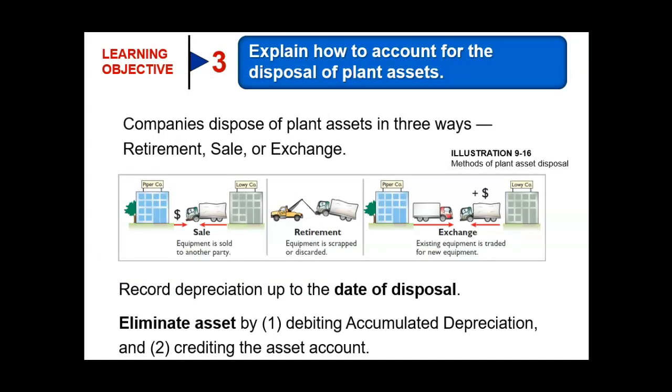Okay, we're almost done. The next section focuses on the disposal of a plant asset. So we had the asset for 5 years, 7 years, however long. Now it's time to dispose of the asset. When it comes to disposing of an asset, typically it can be handled in 3 ways.